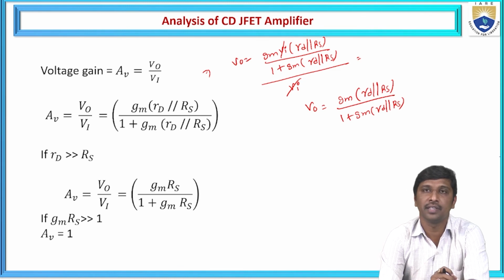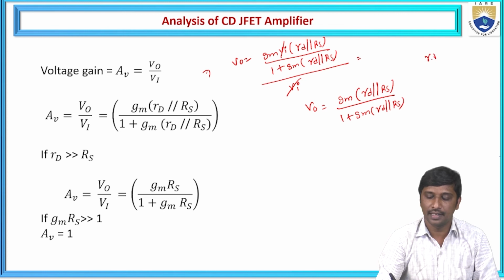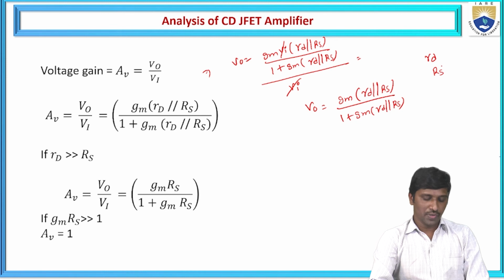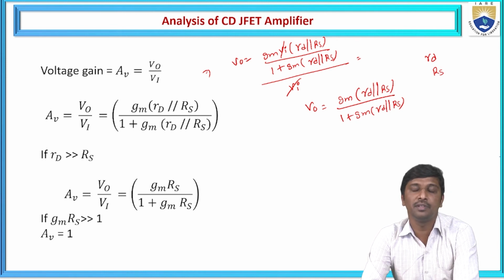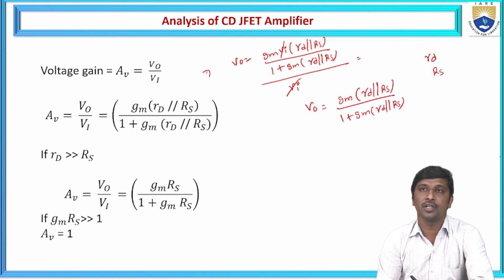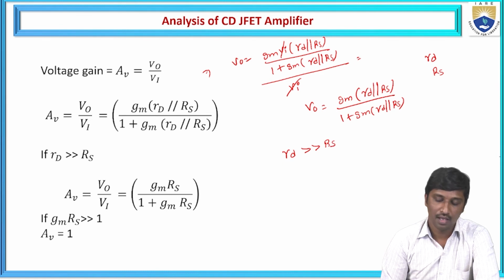If you observe, you have two resistances, one is the internal drain resistance, another one is the load resistance. So our aim is that the maximum current should flow through the load side. Hence, we are going to assume one condition, Rd should be much greater than Rs.